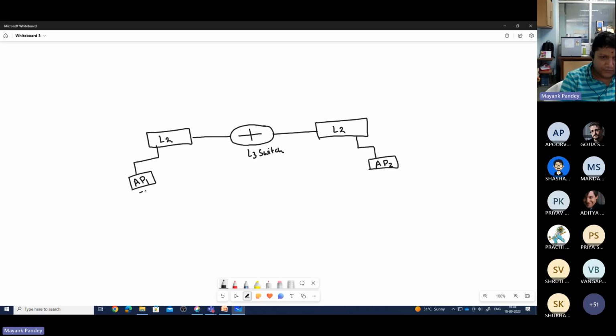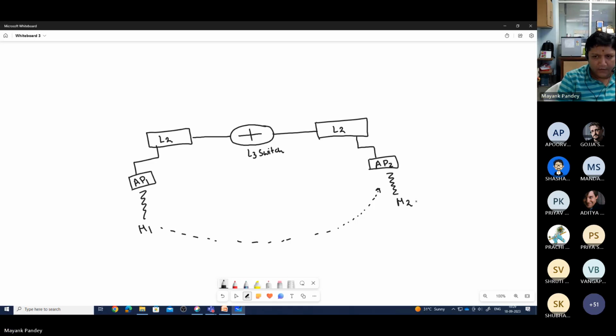There's a node, M1, which is currently associated with AP1. Now, suppose this M1 moves and gets associated with AP2.